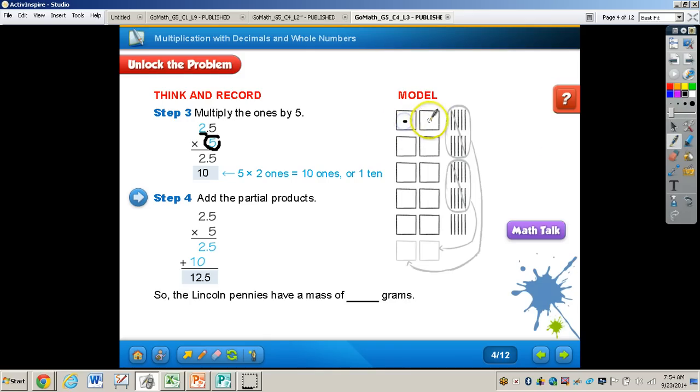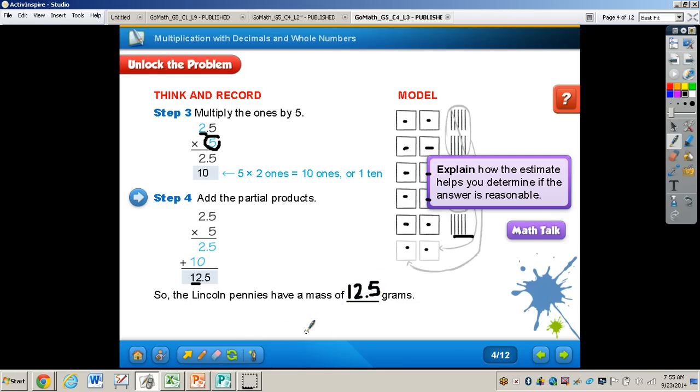We see we have 1, 2, 3, 4, 5, 6, 7, 8, 9, 10, 11, 12 representing our whole number, and then 5/10 representing the 5/10. So the Lincoln penny has a mass of 12.5 grams.